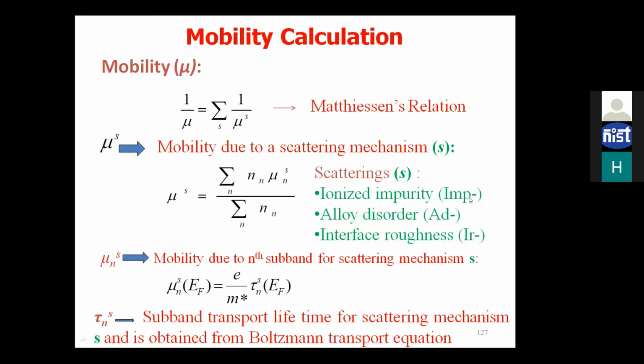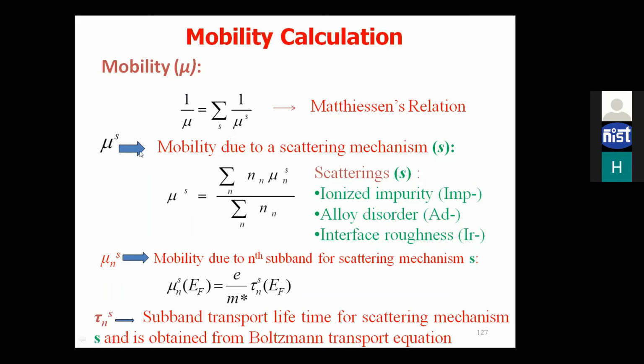So you find the mobility due to impurity, alloy disorder, interface roughness, and you take Matthiessen's relation. That means 1 by mu is equal to the summation over S of 1 by mu_S, that is 1 by mu equals 1 by mu_II plus 1 by mu_AL plus 1 by mu_IR. By using this, we can obtain the total mobility in a system.